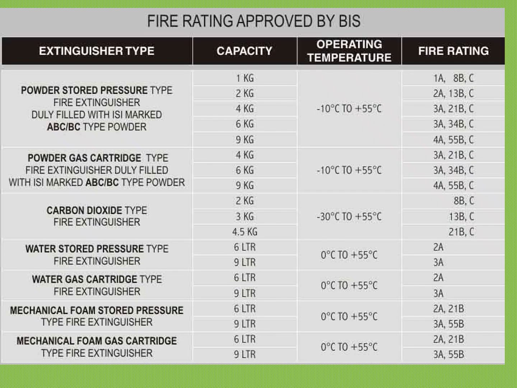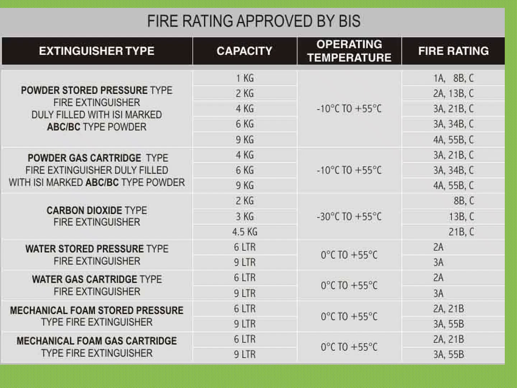Dear friends, this particular chart shows you four different characteristics of fire rated extinguisher types. Each extinguisher type is available in different capacities, whereas the operating temperature range is the same.